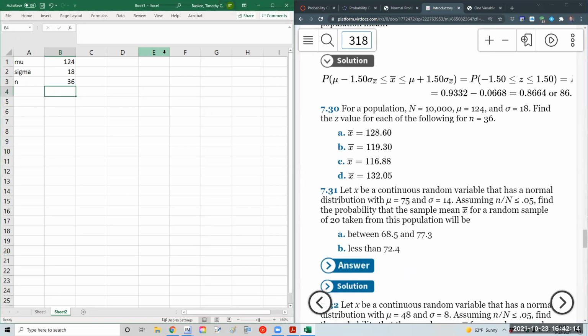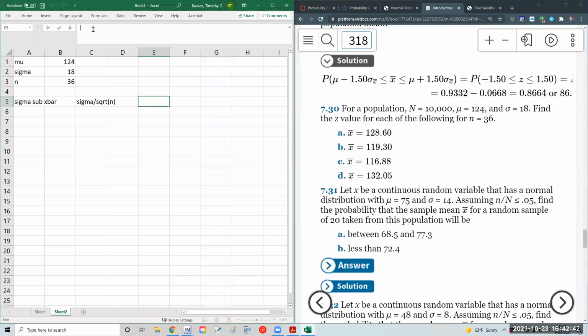Okay, fine. And then the value of sigma sub x bar, the standard deviation of the sampling distribution, that's going to be given by the formula sigma divided by square root of n.